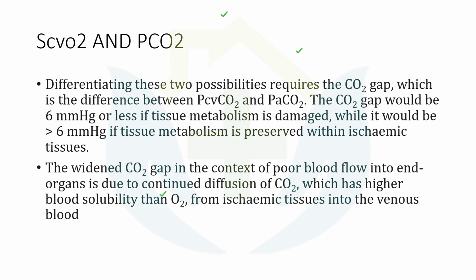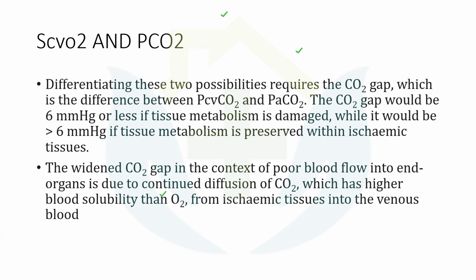So differentiating these two possibilities requires the CO2 gap, which is the difference between PcvCO2 and PaCO2. The CO2 gap would be 6 millimeter mercury or less if the tissue metabolism is damaged, while it is more than 6 if the tissue metabolism is preserved within the ischemic tissue. Because in ischemic tissue there is a presence of viable cells.